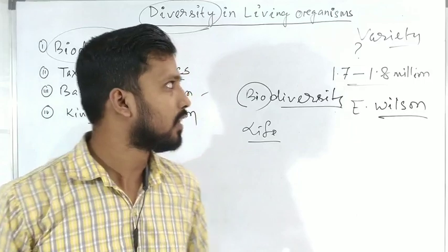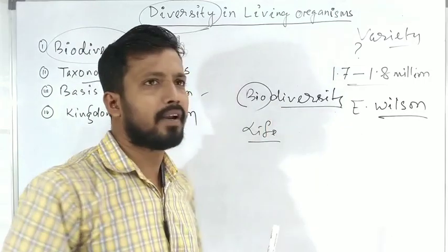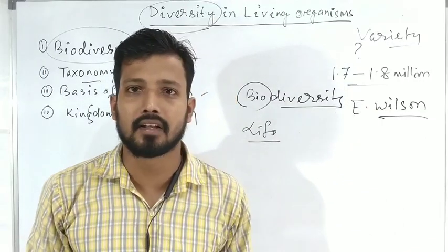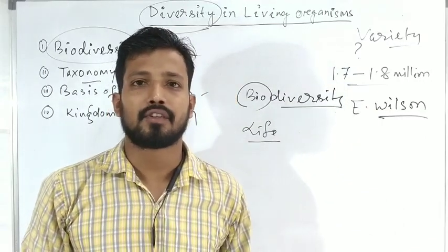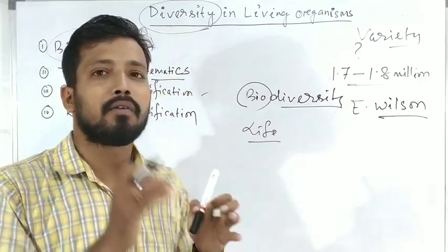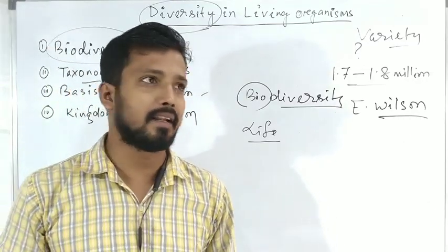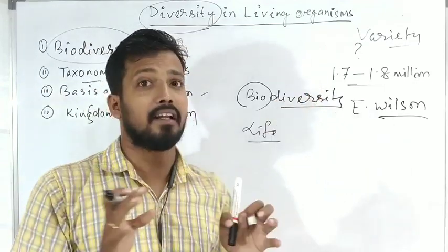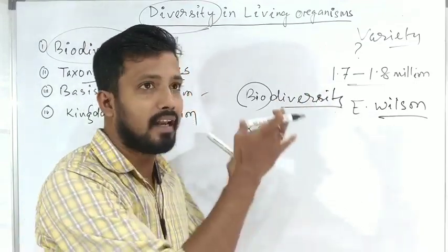Sir, a question comes to our mind that there are different forms of life on the earth's surface, that is 1.7 to 1.8 million different forms. So individually we cannot explore or know about each organism. So scientists have developed certain criteria so that we can classify these organisms into certain classes.